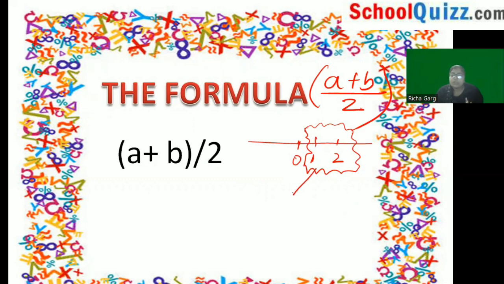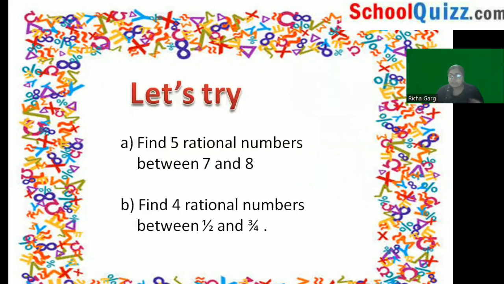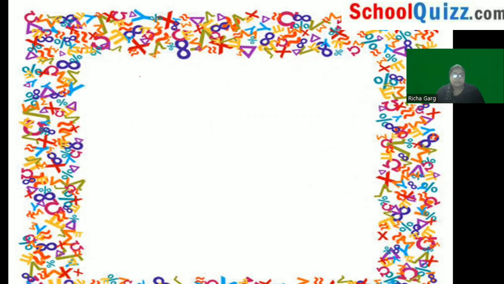So this 1 is a here and this 2 is b here. Now we will find rational numbers between a and b. So let's solve some questions and then we will understand. First question: we have to find 5 rational numbers between 7 and 8. Here a will be 7 and b will be 8.